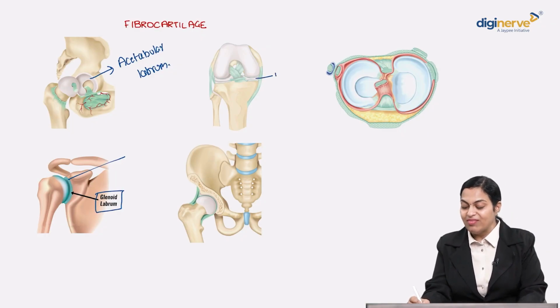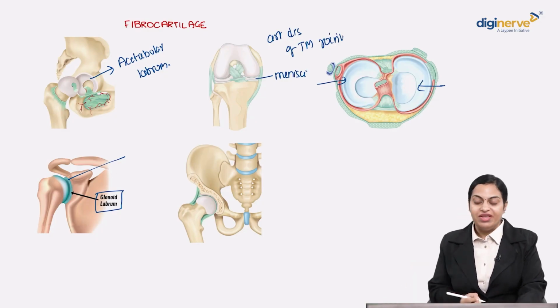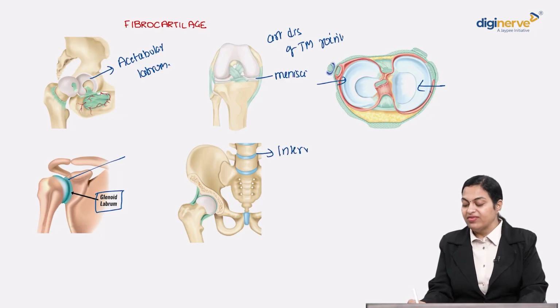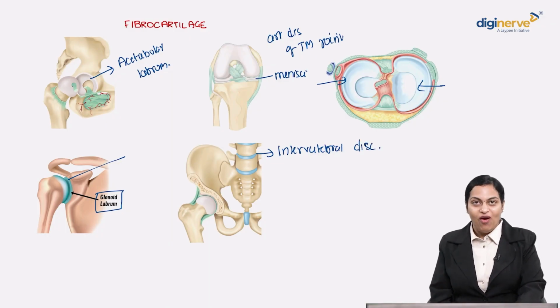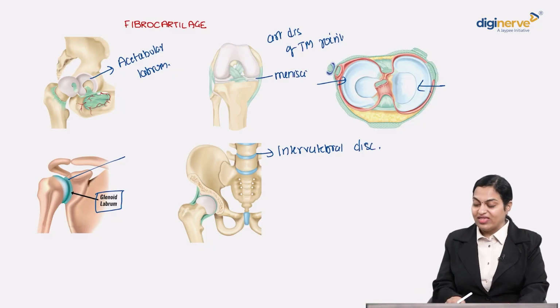Here you can see the menisci of the knee joint made up of fibrocartilage. Also, the articular disc of the temporomandibular joint is made up of fibrocartilage. These are the menisci of the tibia. And the best example, the intervertebral disc that lies between the bodies of the vertebrae, made up of fibrocartilage.